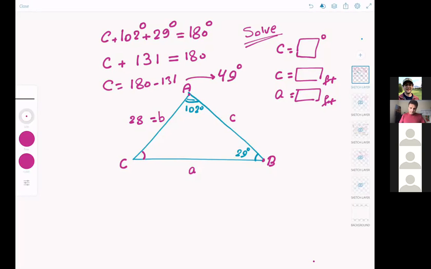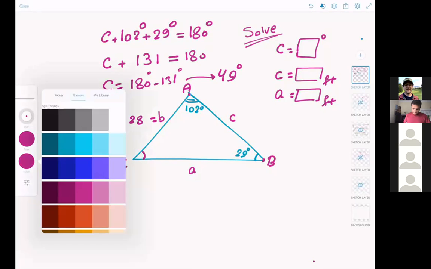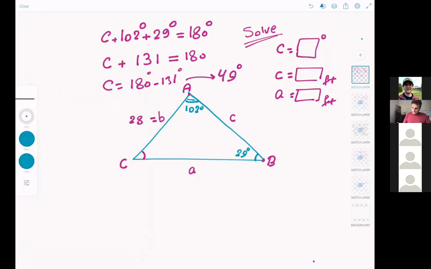Correct? So we got C, thanks to Edison, is 49 degrees. Another question is, how do we solve for A or C?